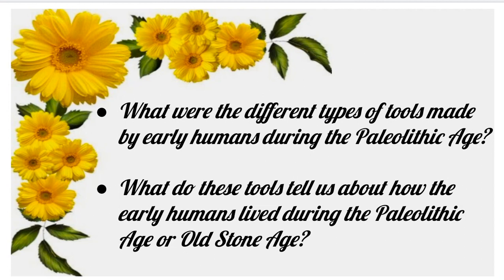So, guys, these tools tell us about the day to day life of the early humans during the Old Stone Age. And we know that they used hand axes for cutting and choppers for chopping. The size and shape of the tools tell us that they were used for very basic works.